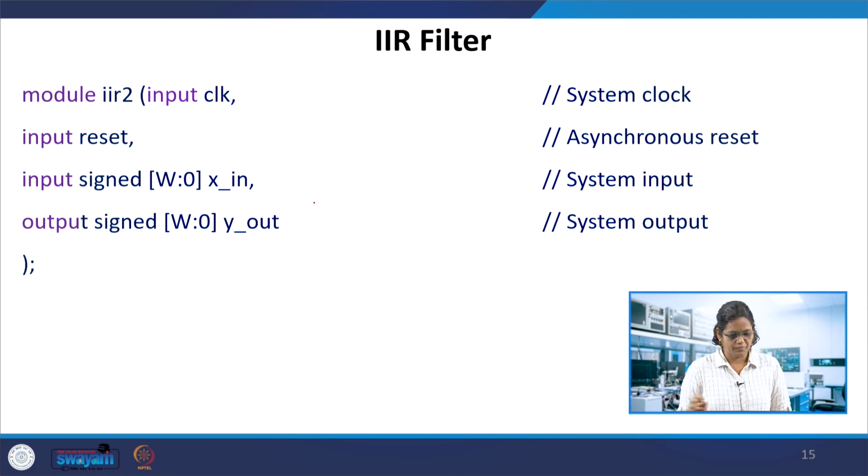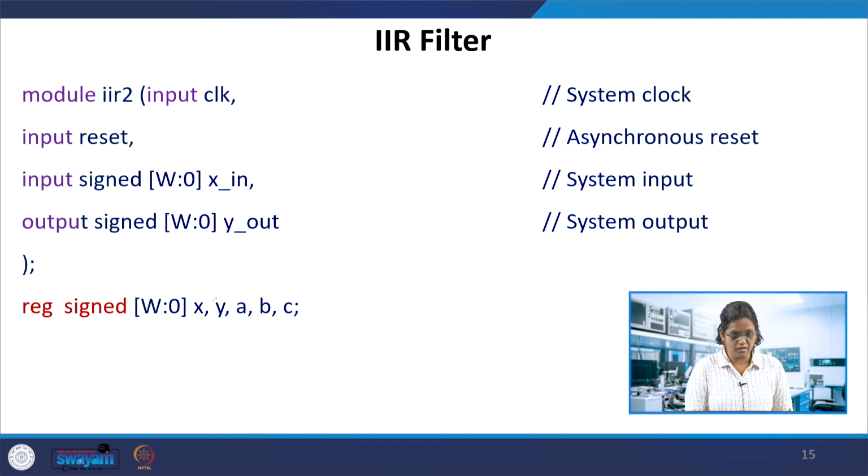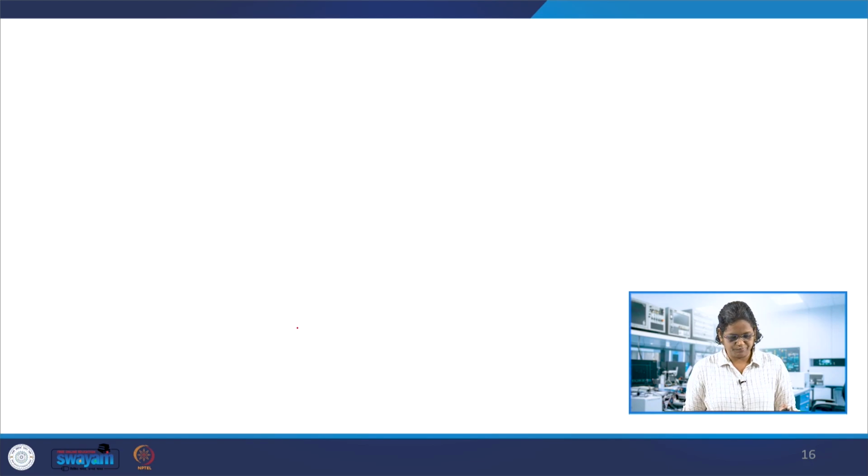So these are the 4 declarations needed: clock, reset, input and output. After that, I have defined something here, assigned x, y, and the A, B, C are something new compared to the previous code, these variables, and parameter w14. So we'll see what these A, B, Cs are.